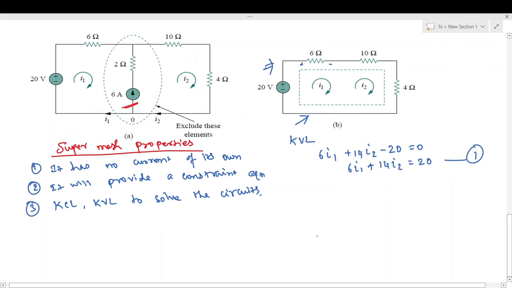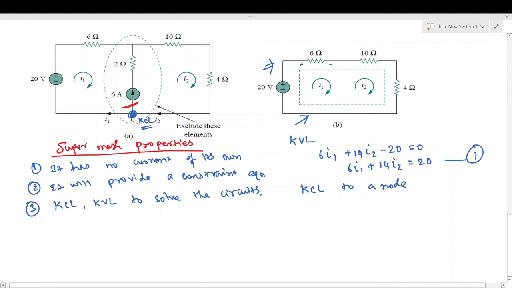Okay, now we need to find out the value of I2. For finding the value of I2, we need to apply the KCL here, at this node.